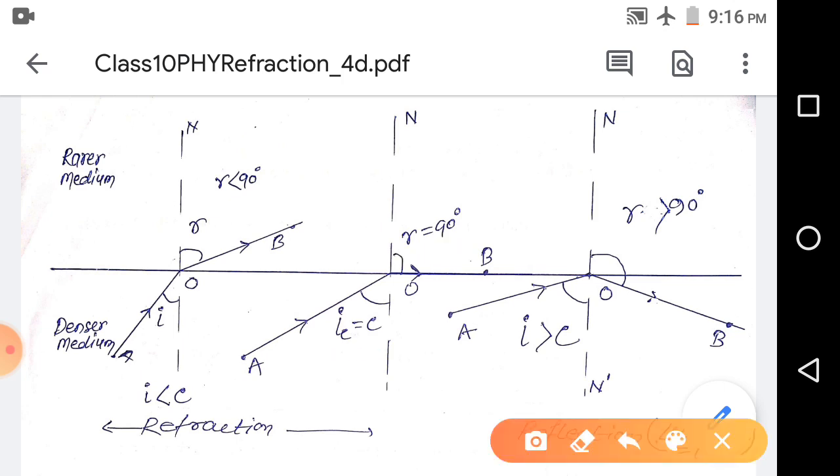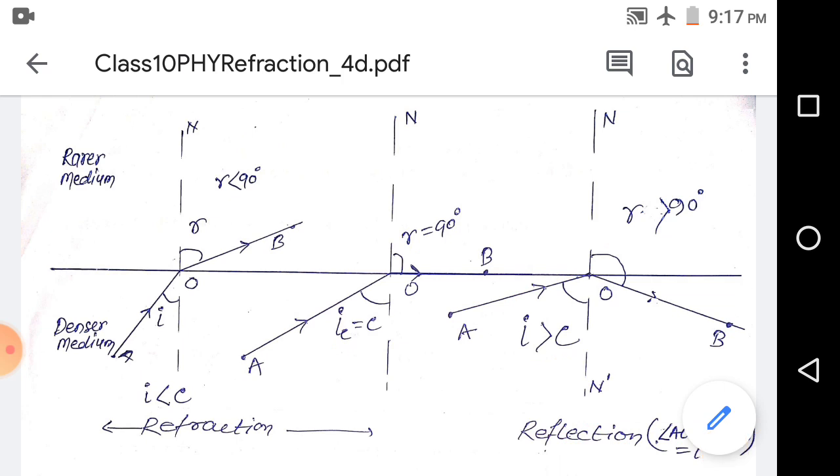Now suppose that we go beyond the critical angle and incident the ray with an angle which is more than the critical angle C. Here this i, the angle of incidence, is greater than i_c, that is C. Now what happened? There will be a greater angle of refraction. Here we had the angle of refraction 90 degrees, so now there will be an angle of refraction greater than 90 degrees.